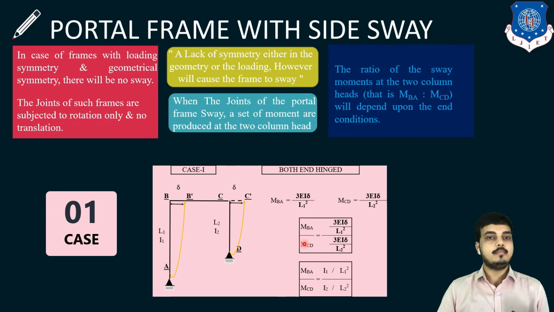So the ratio of MBA to MCD is 3EI delta upon L1 square to 3EI delta upon L2 square. Only I and L change; they may vary in I1 and I2, and in the length L also. So the final ratio of MBA to MCD is I1 upon L1 square to I2 upon L2 square.